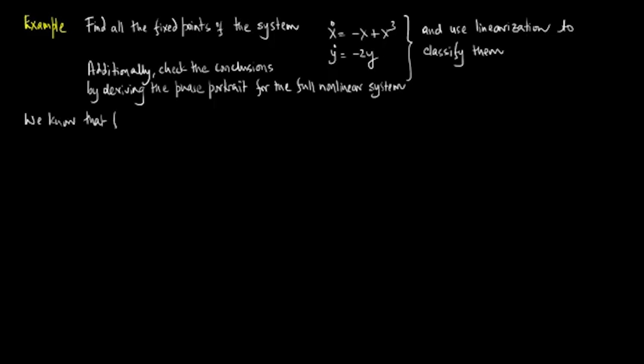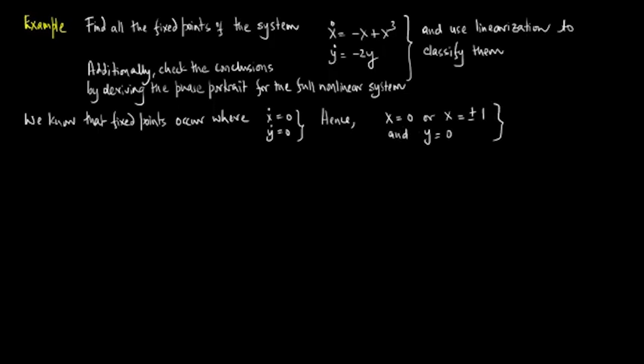We know that the fixed points occur where x dot and y dot are equal to 0, and hence x is equal to 0 or x is equal to plus or minus 1 and y is equal to 0 are the fixed points. So we have three fixed points: (0, 0), (1, 0), and (minus 1, 0).